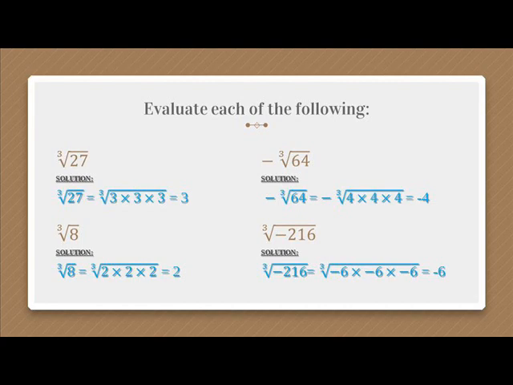Well, as we have already discussed, it is not possible to obtain the square root of a negative number, but it is possible to find the cube root of a negative number. Therefore, the cube root of minus 216 equals minus 6, because minus 6 multiplied to itself 3 times gives us minus 216. So minus 6 is our final answer.